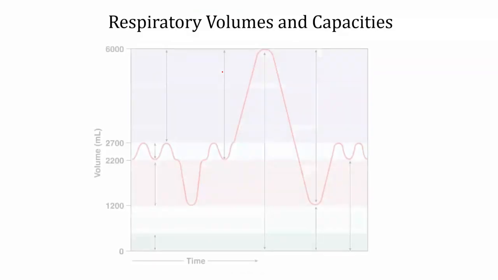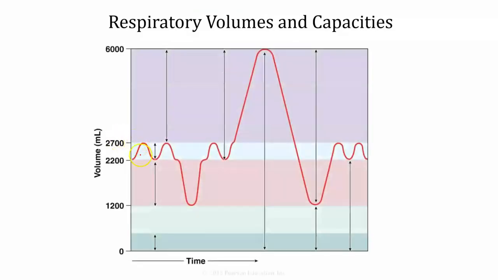All right, now some of the ways that we can measure the volumes that you're breathing. This is known as spirometry, and you could make something that's called a spirograph, which would look something like this. And there are different volumes and capacities that we can measure when we're assessing one's pulmonary function, and they are the following.